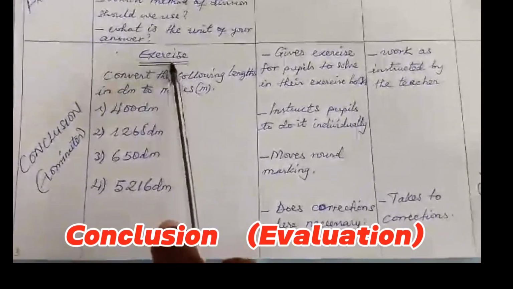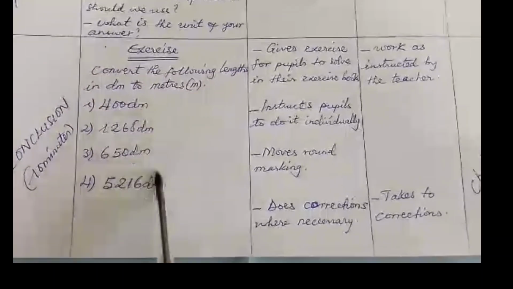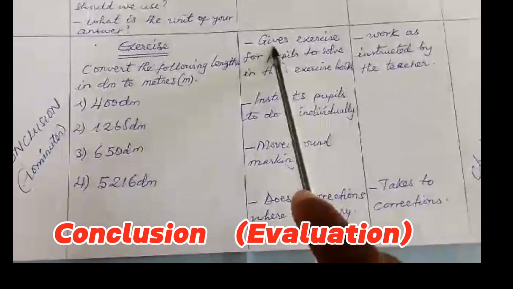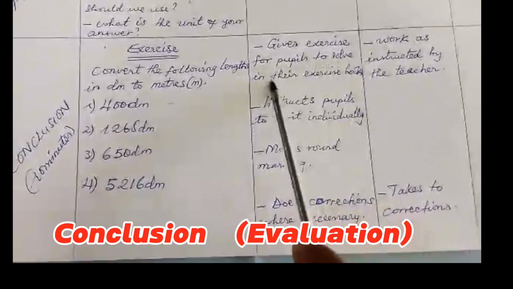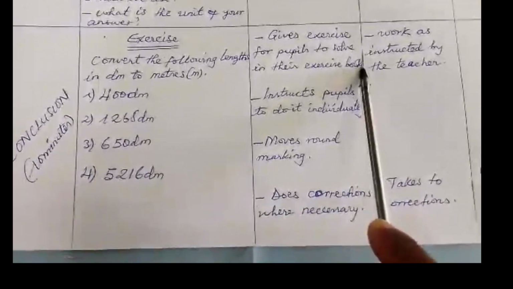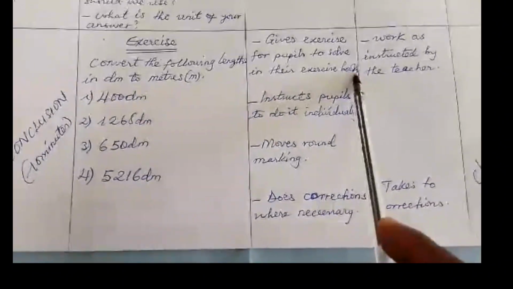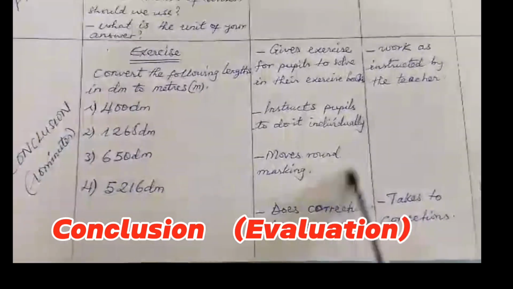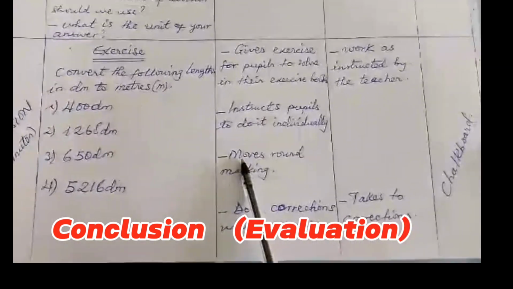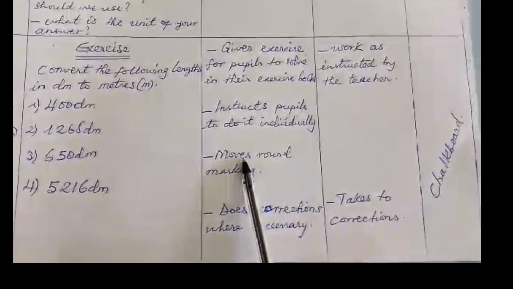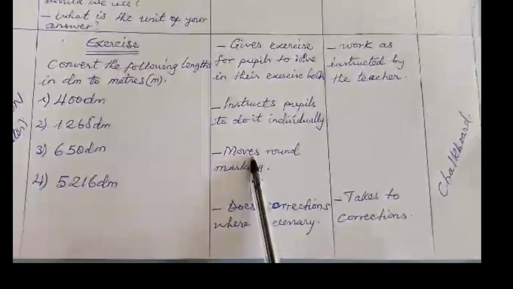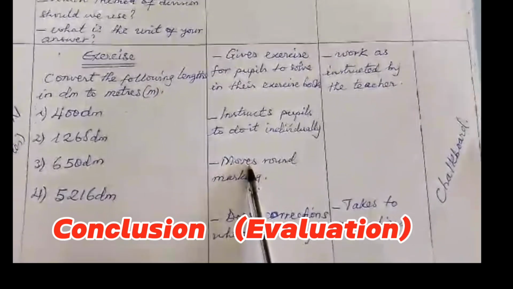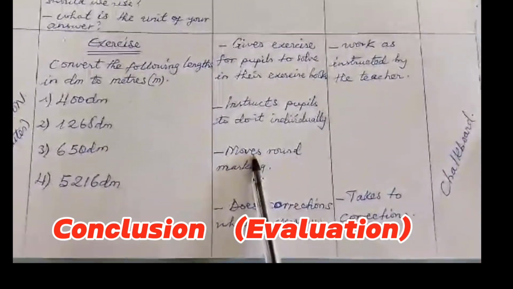Convert the following lengths in decimeters to meters. The questions posed here, from 1, 2, 3 and 4, are very abstract, because for a start, you ask them some abstract questions. So he gives an exercise for pupils to solve in their exercise books. He instructs pupils to do it individually and moves around.